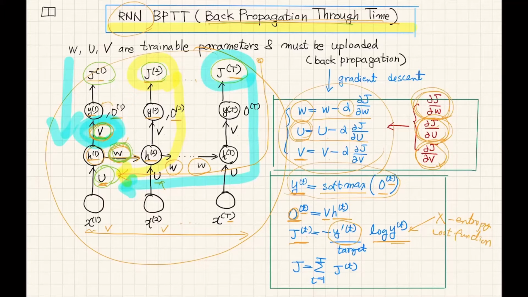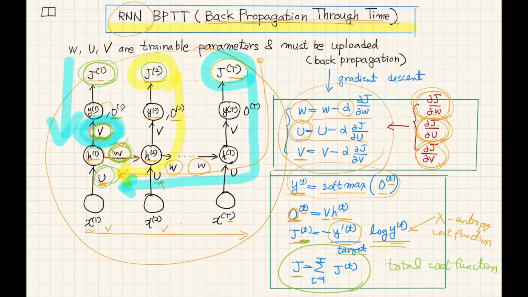One interesting thing is that in RNN, we define a total cost function. That means at each stage, we have a cost function. The cost function at stage T comes from the cross-entropy function between the true value and our output value.